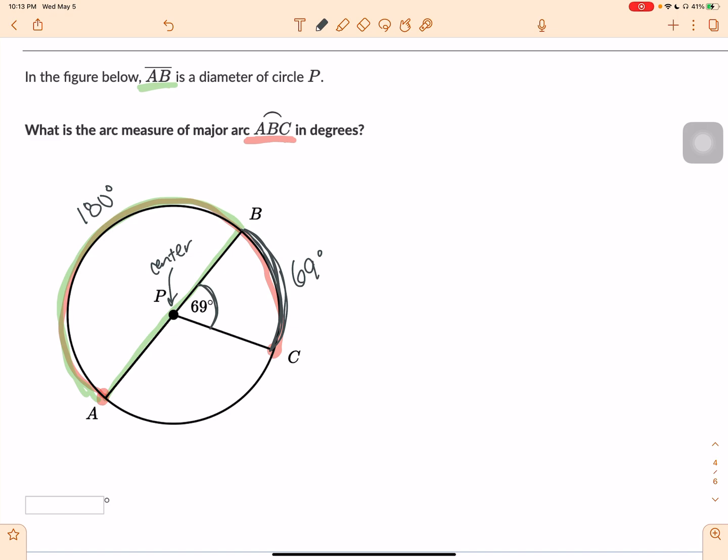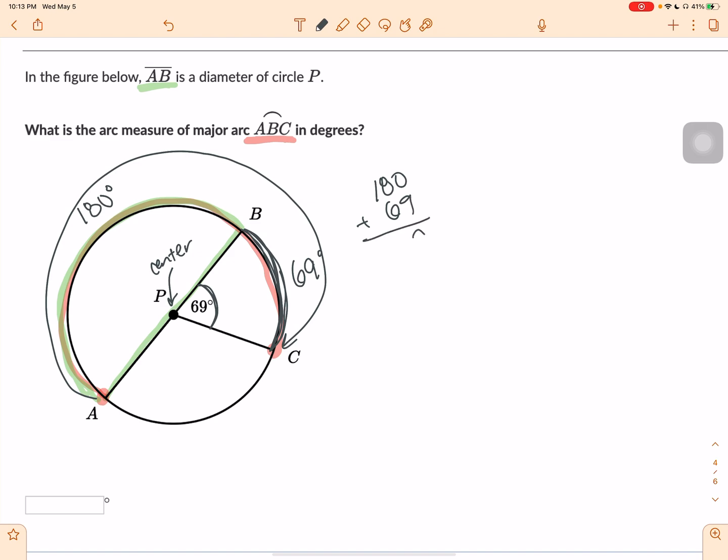So ABC is adding together 180 plus 69. So 180 plus 69 degrees, 249 degrees. That would be your answer for the measure of the major arc. Okay.